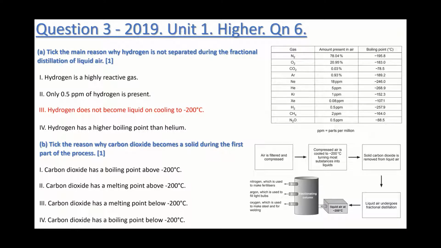And if you look at the third comment box in the distillation method, it says that after cooling to minus 200 degrees Celsius, the solid carbon dioxide is removed. Now this suggests that the melting point of carbon dioxide is above minus 200 degrees Celsius, as it has not yet melted and liquefied. Therefore, your answer is going to be statement number 2, which says that carbon dioxide has a melting point above minus 200 degrees Celsius.